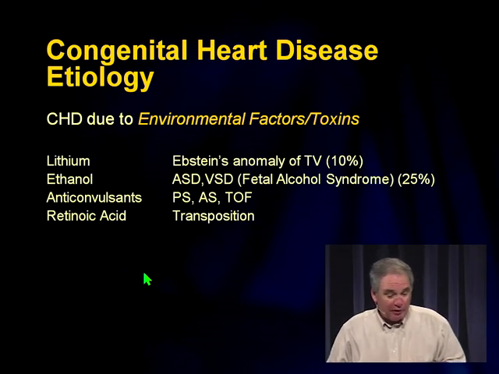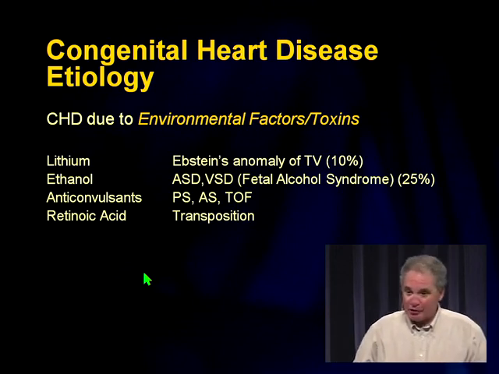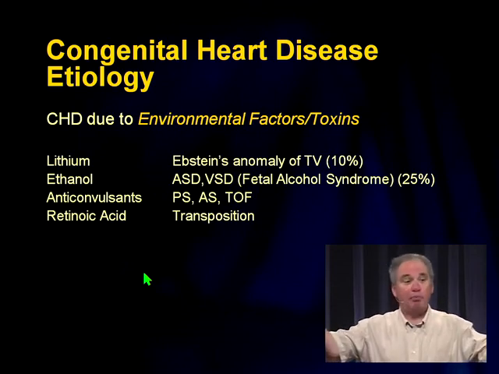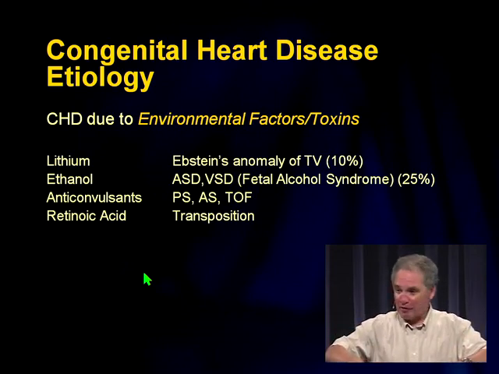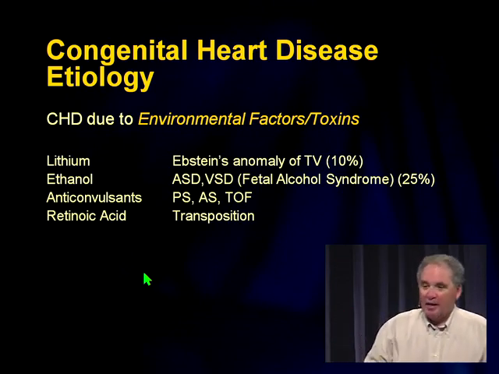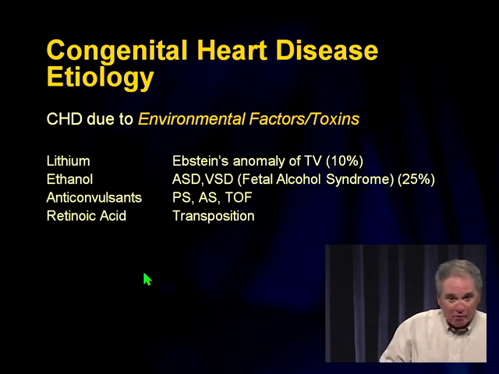Then there's congenital heart disease due to environmental factors and toxins. So know some of these associations. Lithium with Ebstein's anomaly of the tricuspid valve, a displacement of the tricuspid valve into the right ventricle. The next one, know for sure. Ethanol, fetal alcohol syndrome, ASD, VSD. How much alcohol is it okay to have during pregnancy? None, okay?